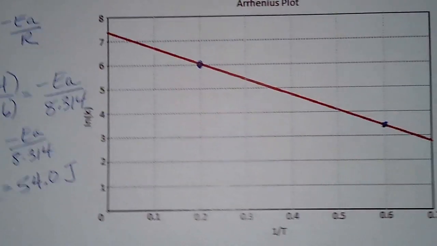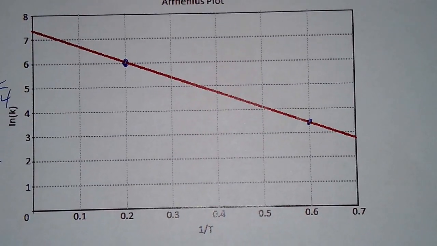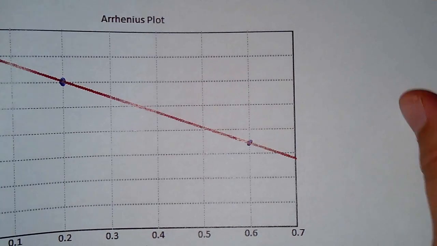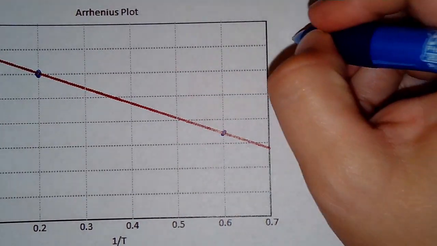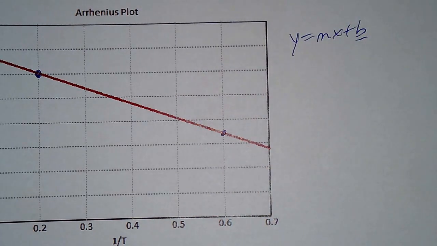Then once we have our activation energy, trying to find where our y-intercept would be, we want to plug that in using one of the other points. So remember, y equals mx plus b. We can find b if we know the rest of it. Alright, so I'm just going to pick another point on this graph.